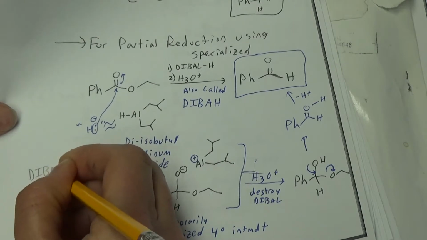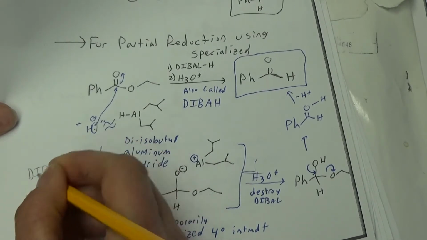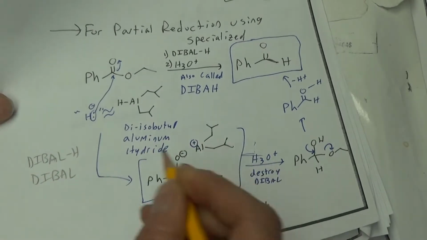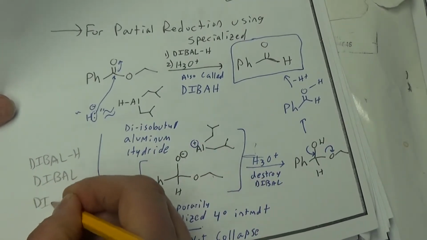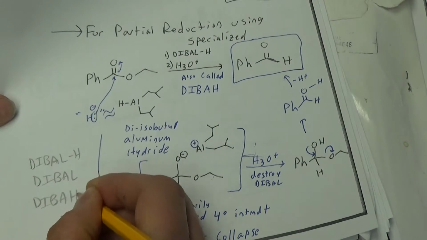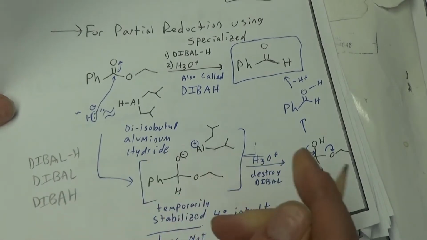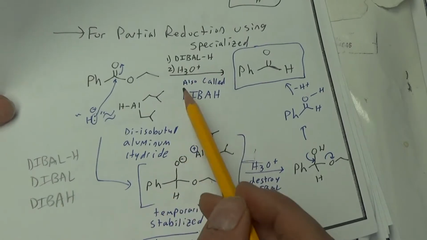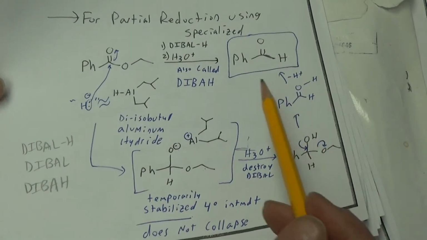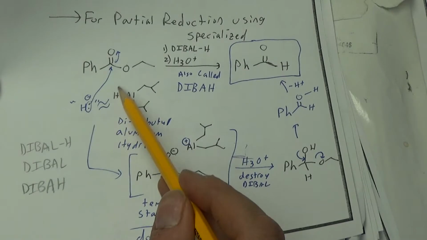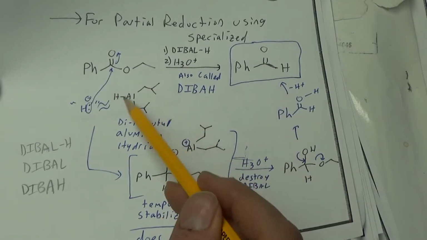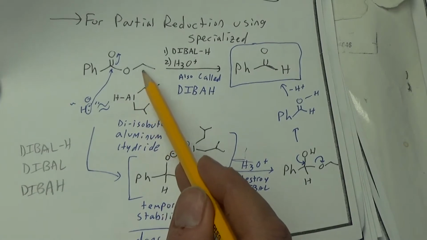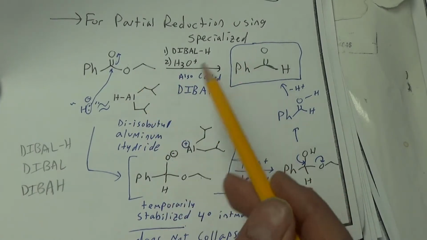There's probably even more names actually. Some books use all of these different things to mean the same thing, and it's just a reducing agent that stops at the aldehyde. It's a partial reducing agent of esters. For now, just esters. There are other things it reduces also.